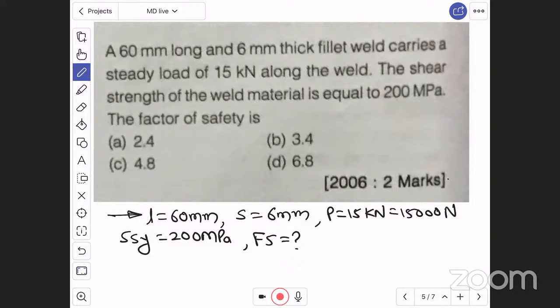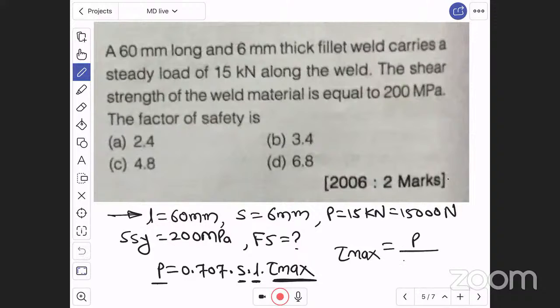Now, my dear students, we have derived a formula for this. That is P is equal to 0.707 into S into EL into maximum shear stress. Here P is given, S is given, EL is given. You can calculate maximum shear stress. Therefore, maximum shear stress is equal to P divided by 0.707 into S into EL.